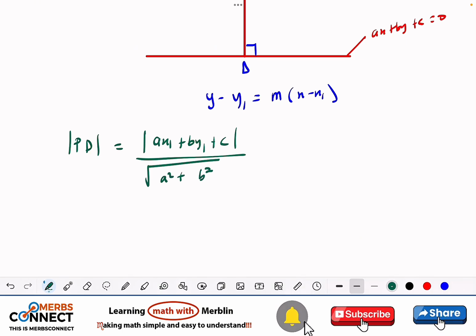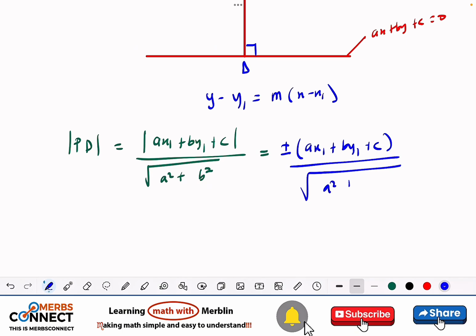Remember, when we started at 101, we said absolute is working like plus or minus. So I can write this one as plus or minus, open bracket, ax1 plus by1 plus c, divided by root of a squared plus b squared.